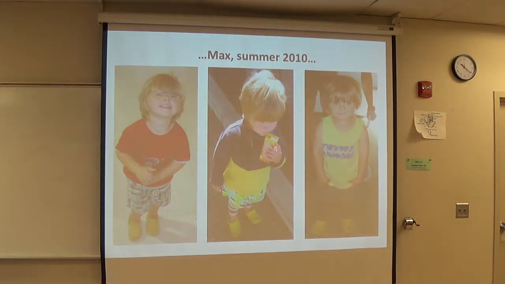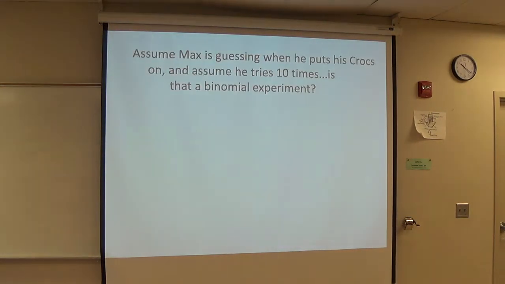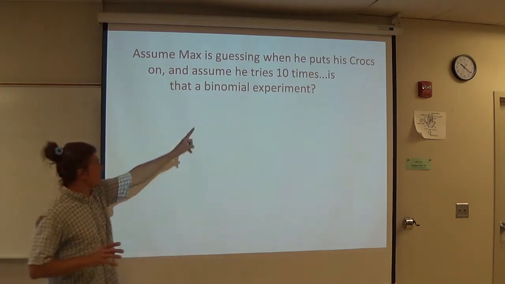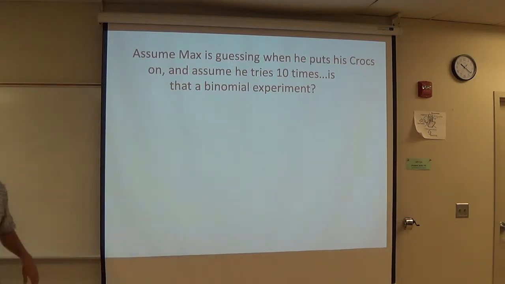When I set the experiment up for Max, you might remember this from last time, I watched Max and noted his Crocs on his feet 10 times over the course of the summer. Why is that 10 important? In order to be a binomial, you have to have a fixed number of trials. Thank you, Jen.